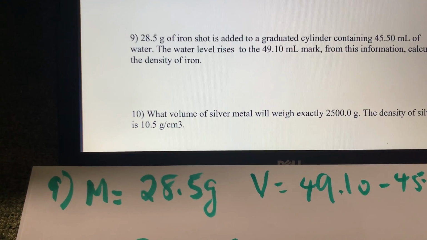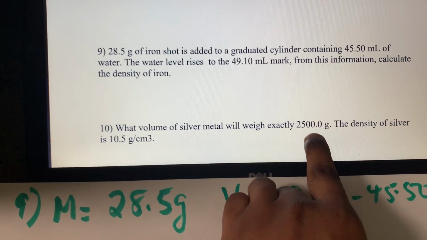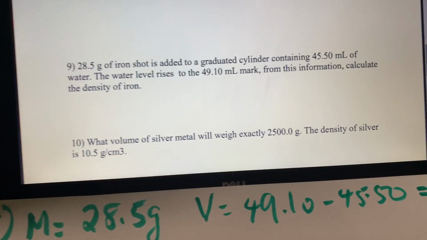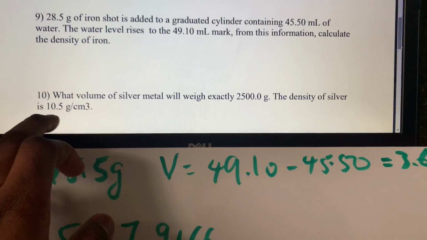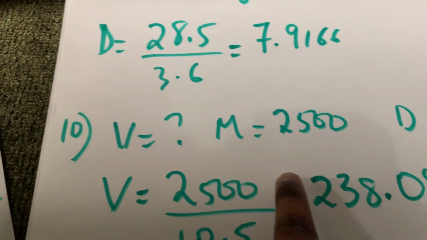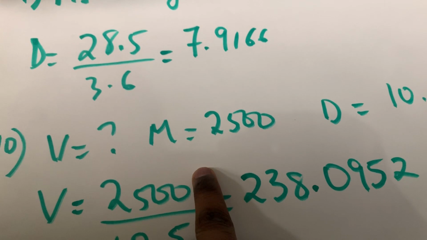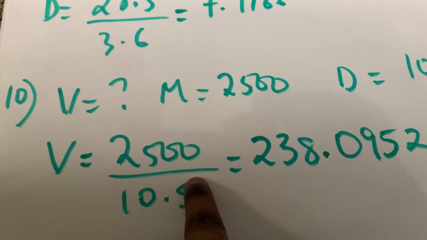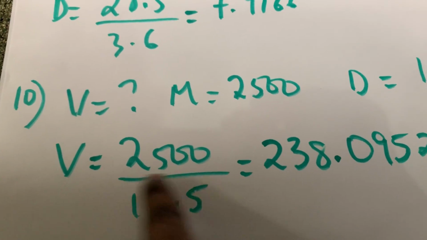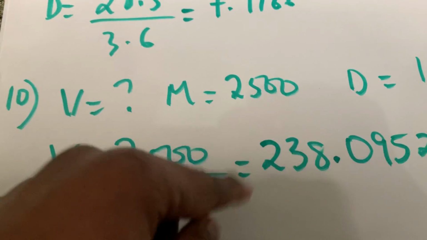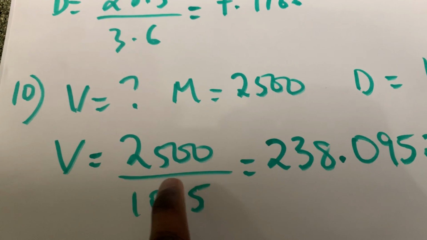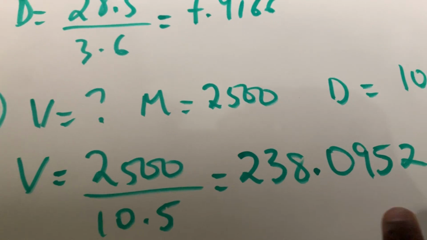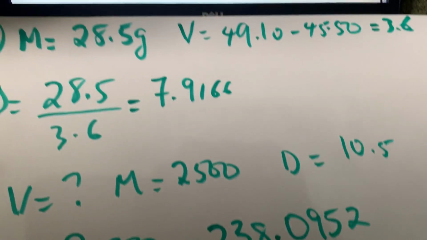So do we know the mass? The mass is 2,500, and the density they have given us is 10.5. So mass over density, based on your formula. You do the calculation by yourself: 2,500 divided by 10.5 is 238.0952.